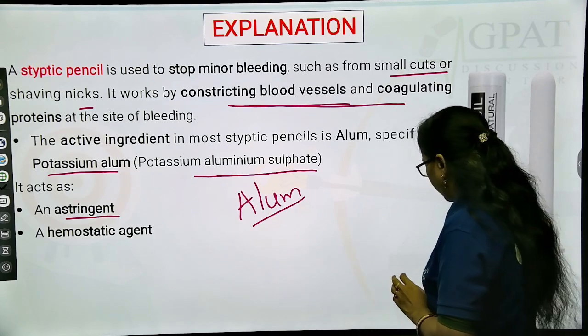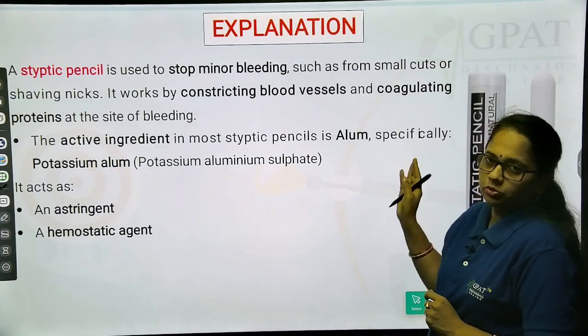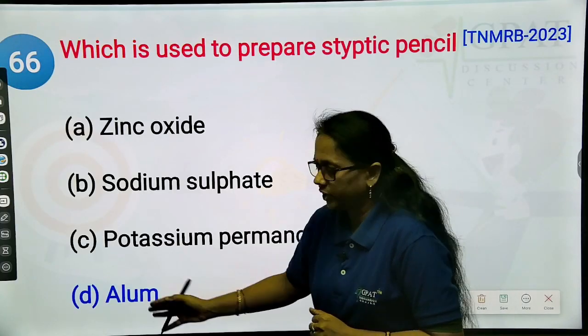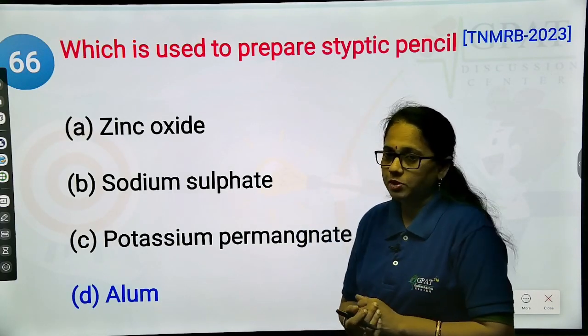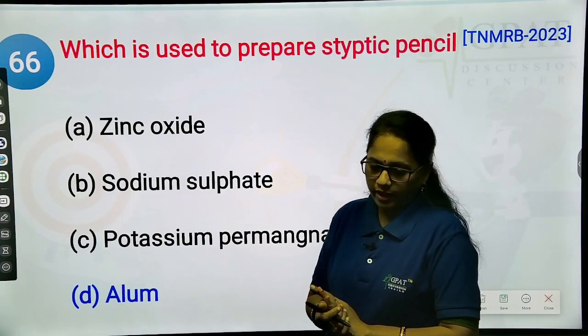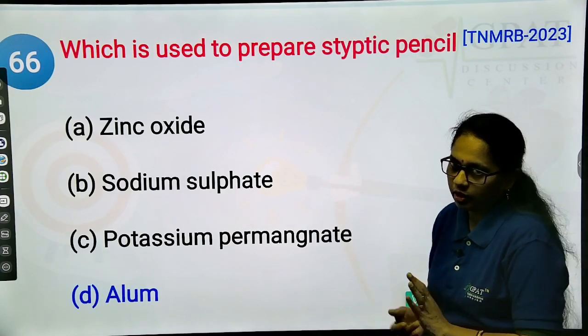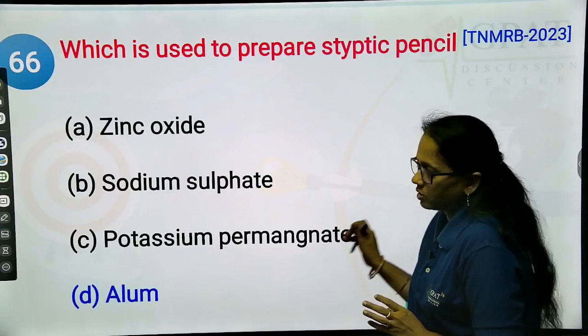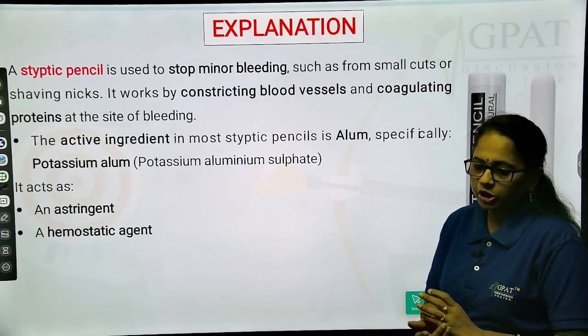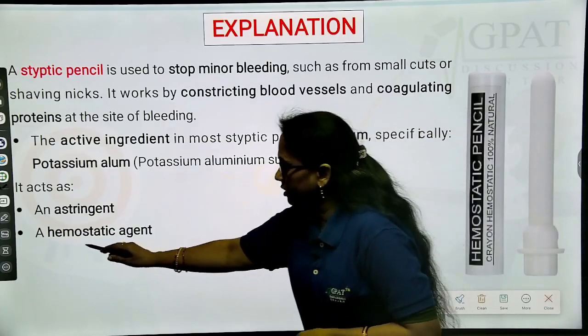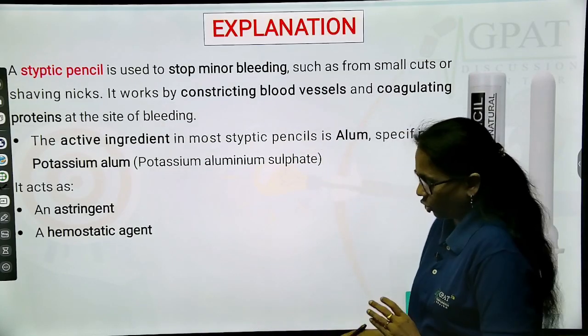In the styptic pencil, the active ingredient is nothing but potassium aluminium sulphate, that is alum. Zinc oxide, sodium sulphate, potassium permanganate are not the major ones. Alum is used to stop the bleeding at the site of a cut, because it acts as a hemostatic agent.